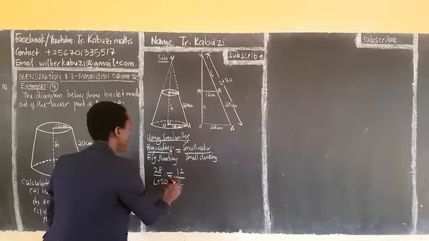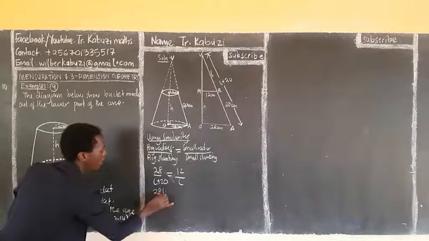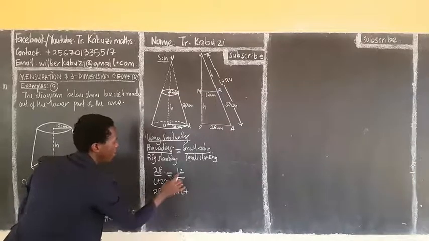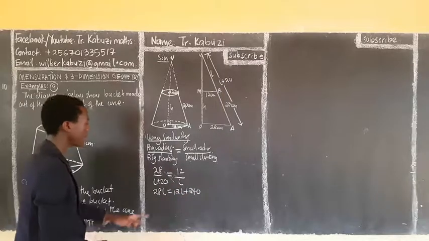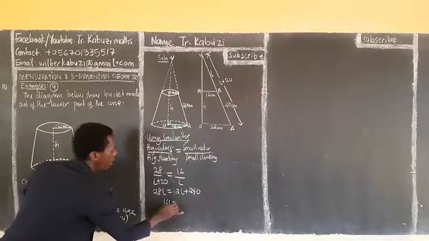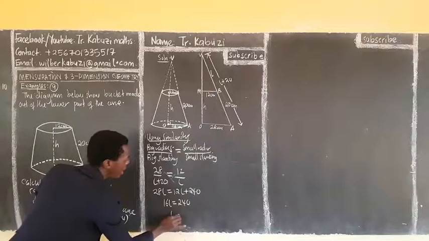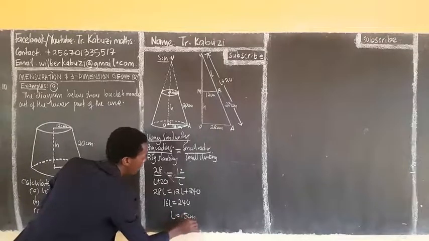Now allow me to cross multiply here. This is going to be 28L equal to this times this, 12L, then plus this times this, 240. So when I bring this beside, I have 16L equal to 240, divided by 16, so that your L is going to be 15 centimeters.